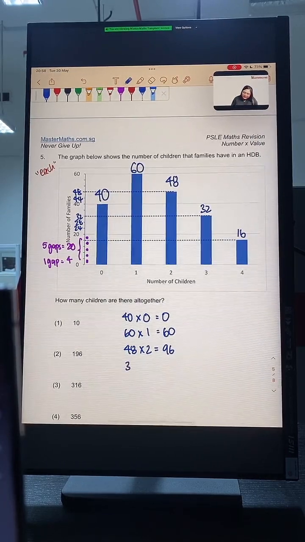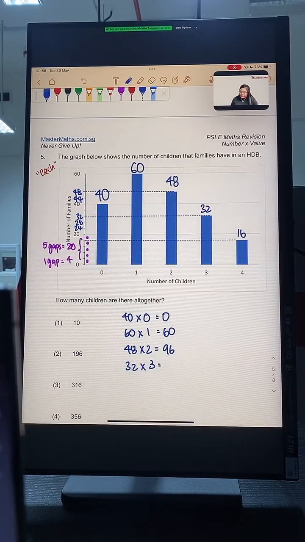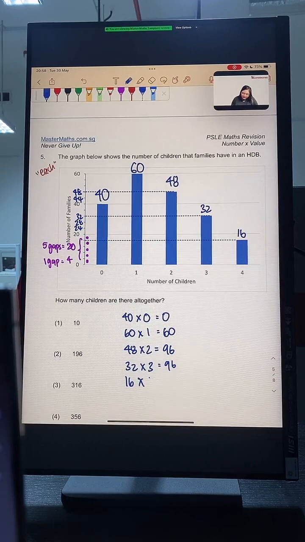And 32 families have 3 children each, so 32 times 3 will also give us 96. So I have 96 children for the 32 households here. And finally, 16 households have 4 children each, to give us 64.